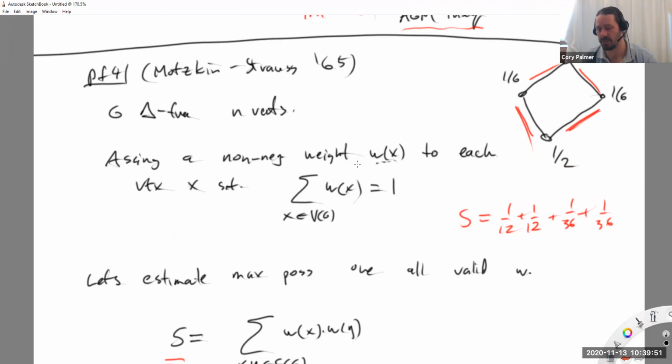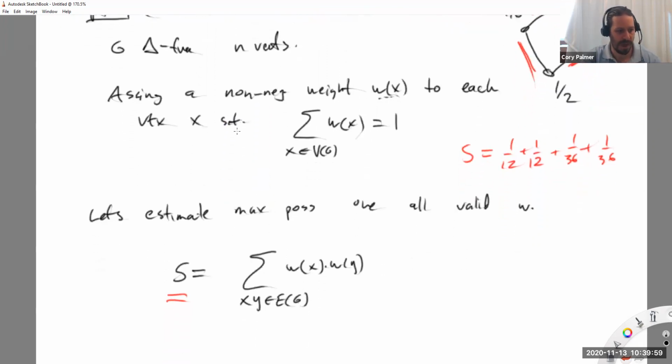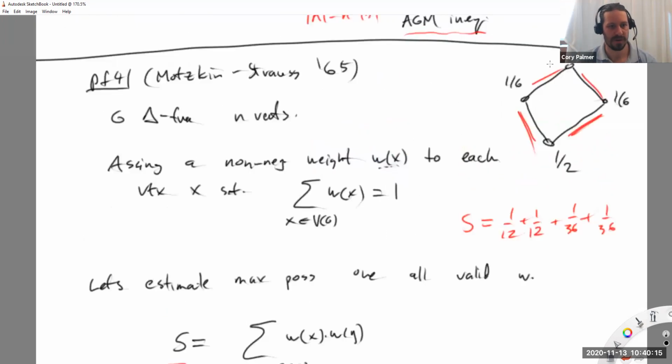It's a real-valued function, it just has to add up to 1, and you can't use negative numbers. For any different way of doing that, this function takes on different values, and we just want to know the biggest we can make it. What's the smartest way to assign weights? Obviously that depends very much on the structure of the graph. If I gave you a different graph and a different assignment, you'd get a wildly different value. But let's figure this out.